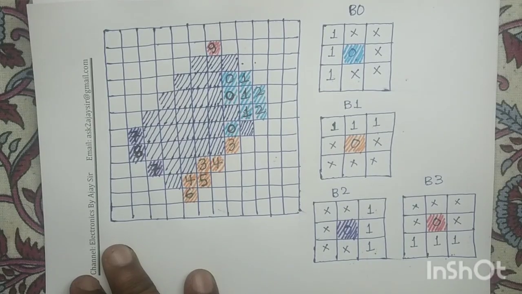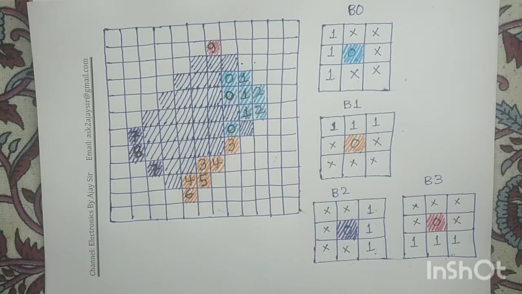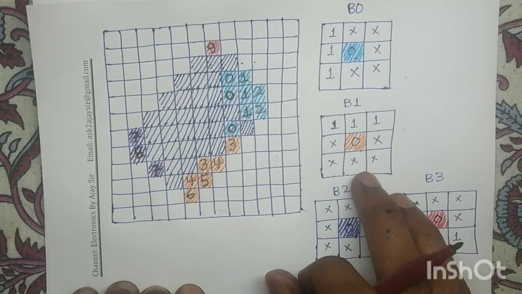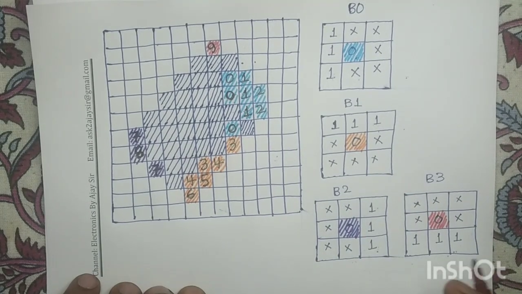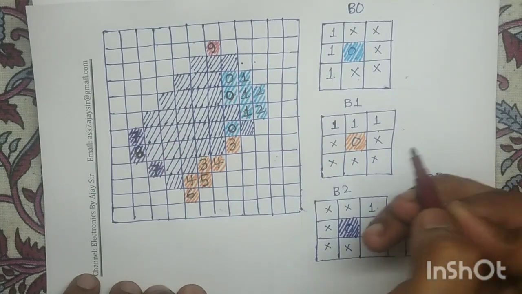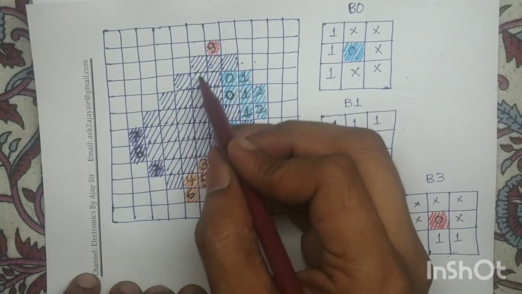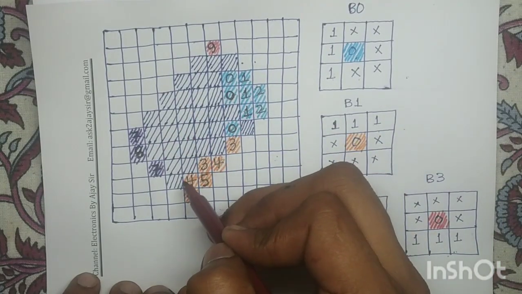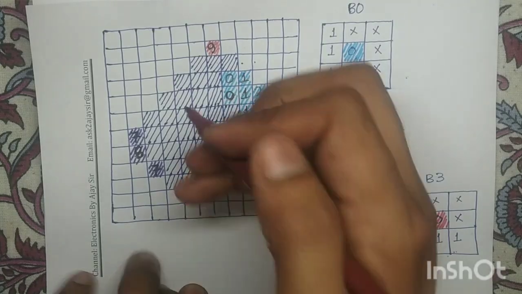So we have to draw the minimal set which contains my original object set I. In order to draw the minimal set which contains my object set I, I have to draw the boundary of the given original object set I.